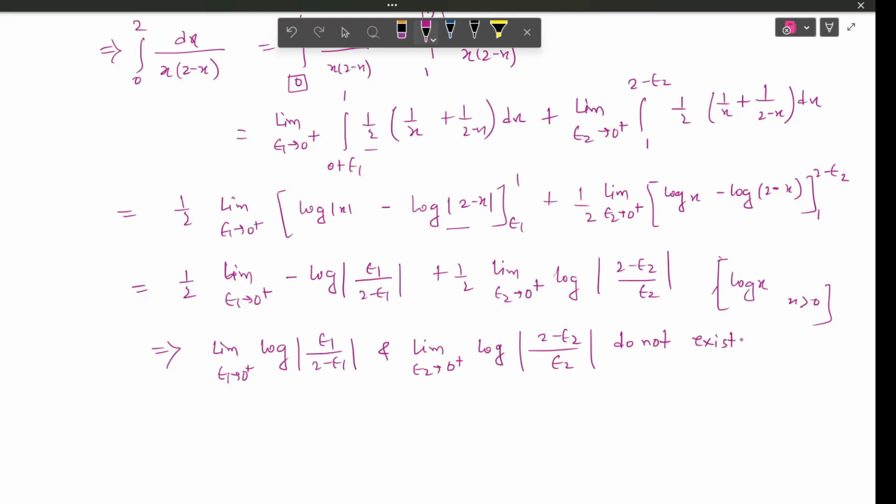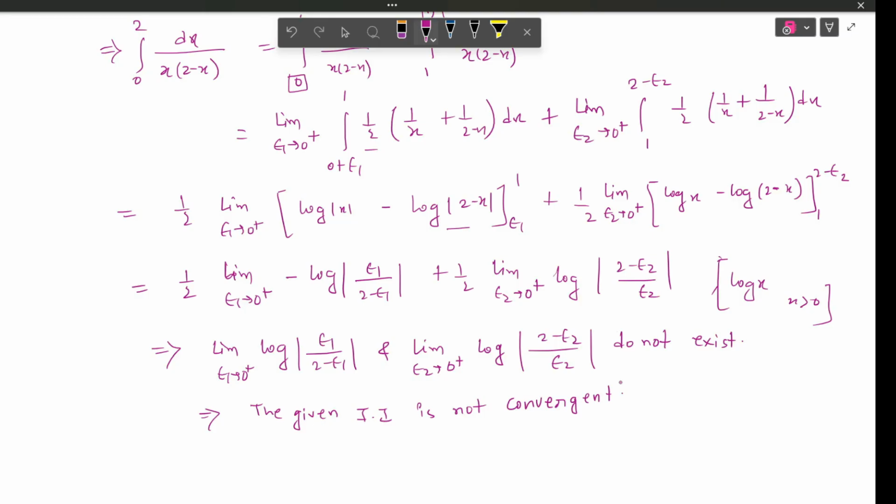Okay, these do not exist. So you can say this implies that the given improper integral is not convergent. Okay, this is not convergent.